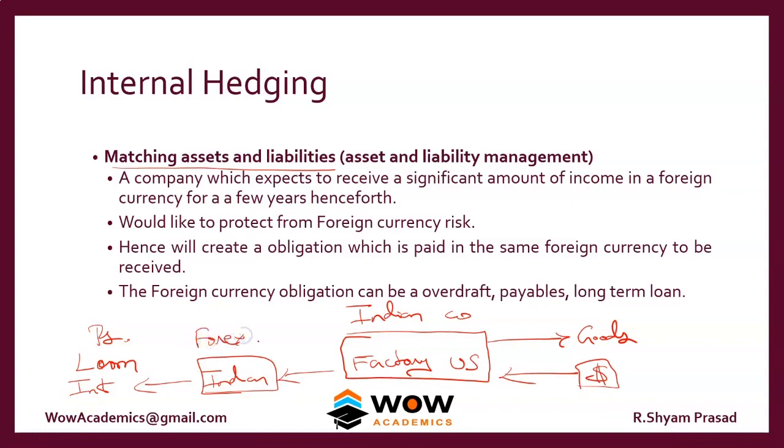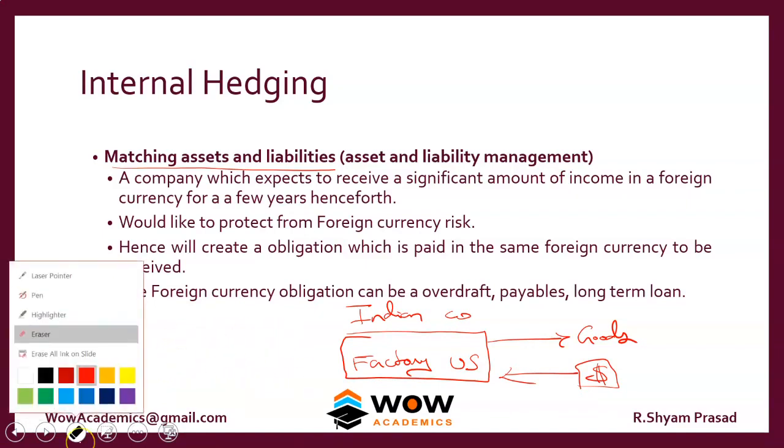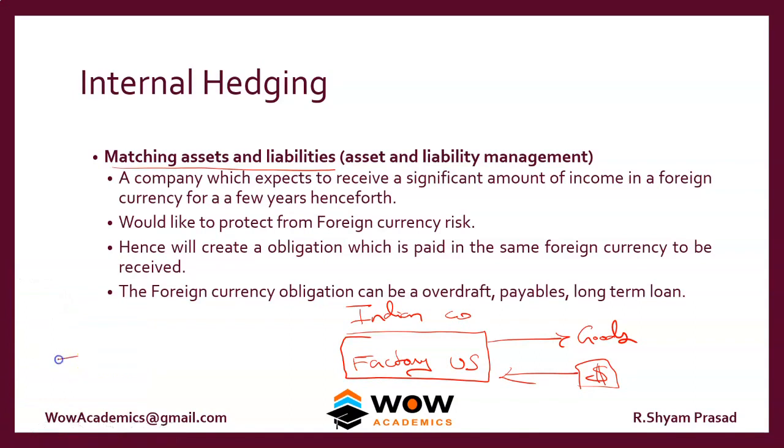So how can you overcome this part? To overcome this part, we can simply do this mechanism. The Indian company can get a loan in the US itself.